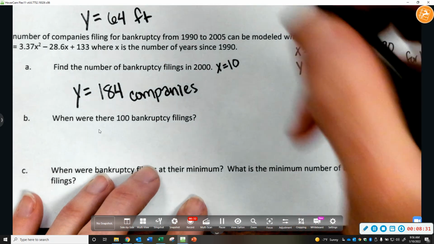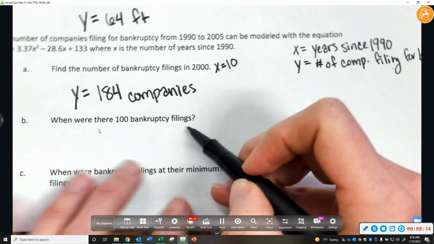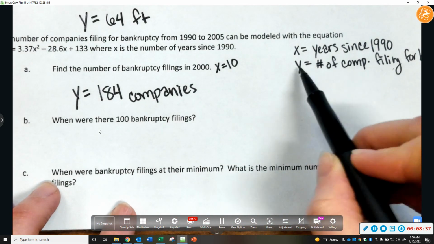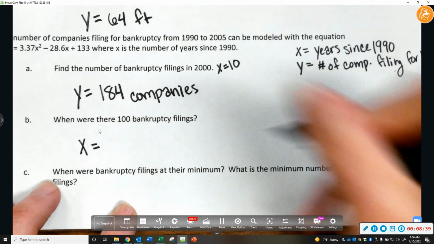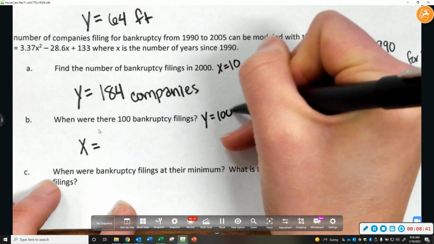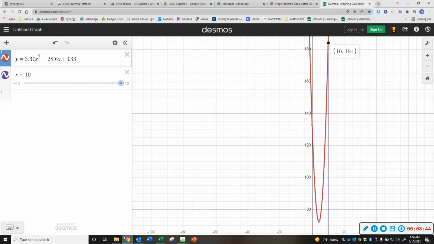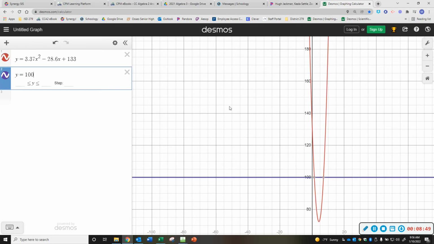So when were there 100 bankruptcy filings? That means that y is 100, so I need to know my x value. So y equals 100. I can see it was 100 at 1.377 and at 7.109.